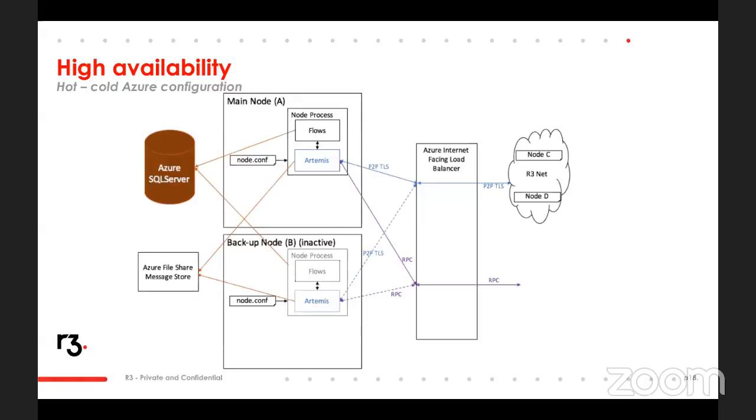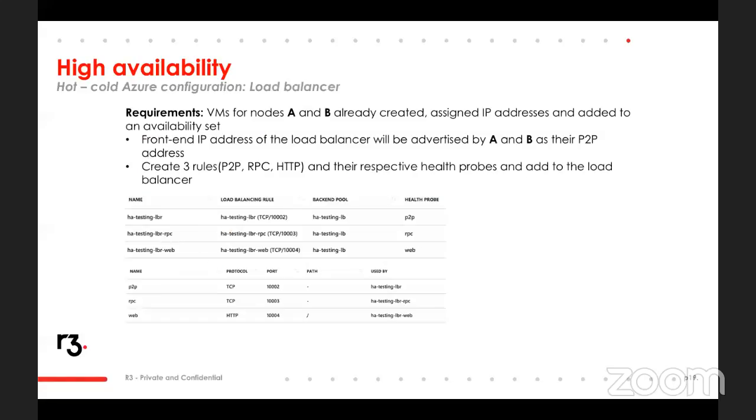Configuring this was not exactly trivial, especially because no one has done it before. So in order to configure it, firstly, we had to set up the 2 VMs, assign IP addresses, and add them to an availability set, which was linked to the load balancer. So basically, the load balancer needed to know what resources there were available.